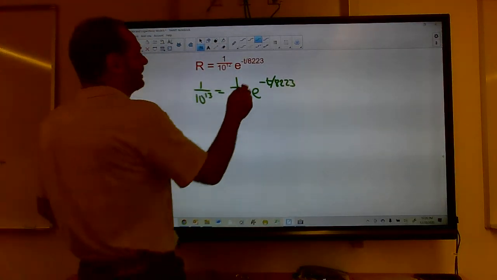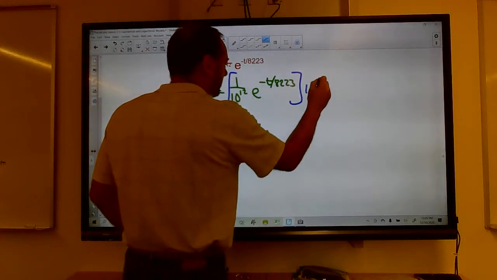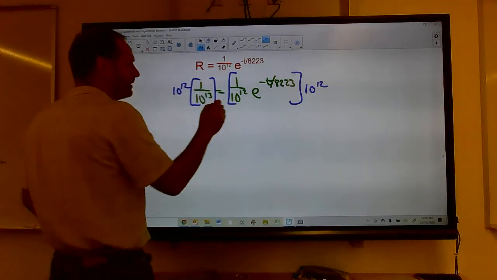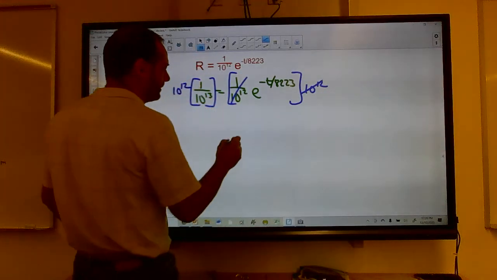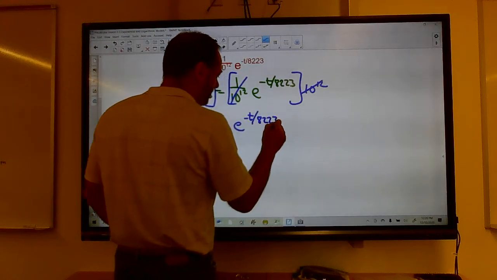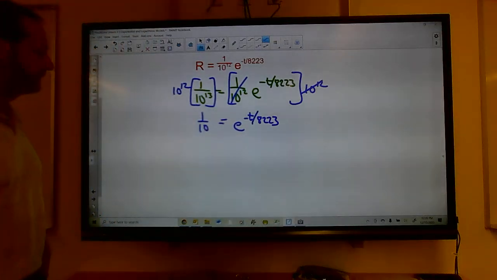So to solve this, I'm going to go ahead and multiply both sides by 10 to the 12th power. That's going to cancel this, and I get e to the negative t divided by 8,223 equals 1 over 10. That's a little bit easier to work with.